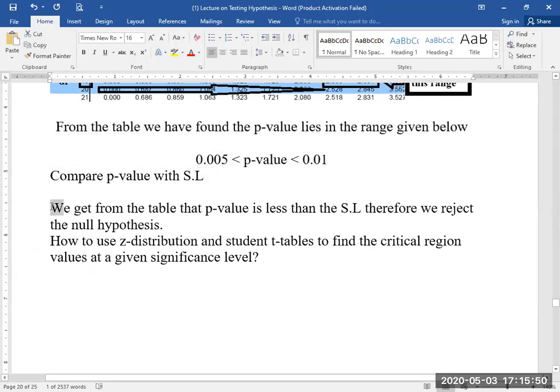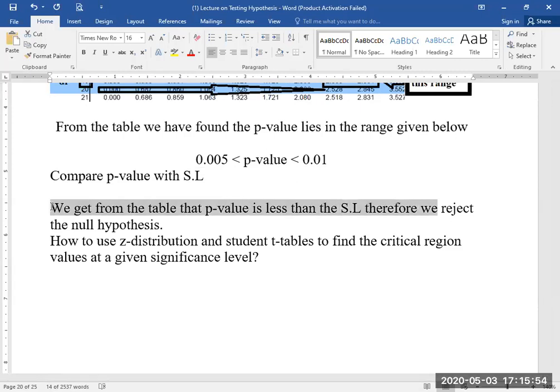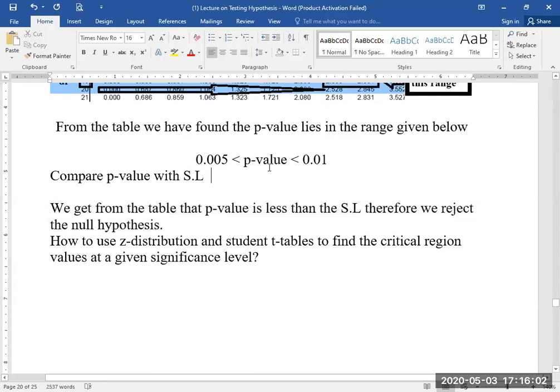We get from the table the p-value is less than the significance level. Therefore, we reject the null hypothesis. The significance level was 0.05, and the p-value range starts from 0.005 to 0.01.